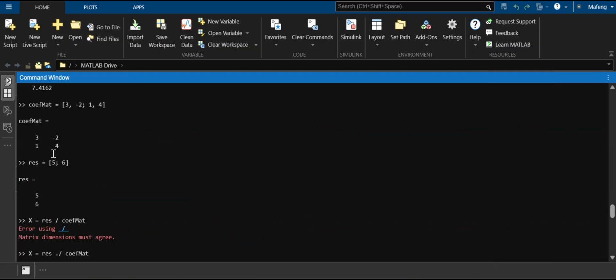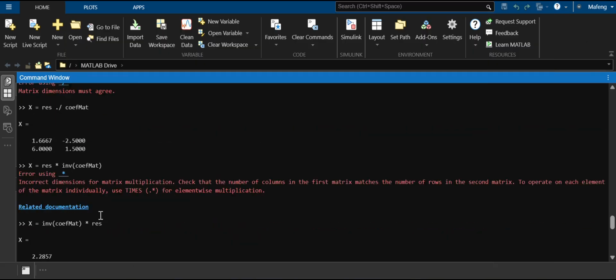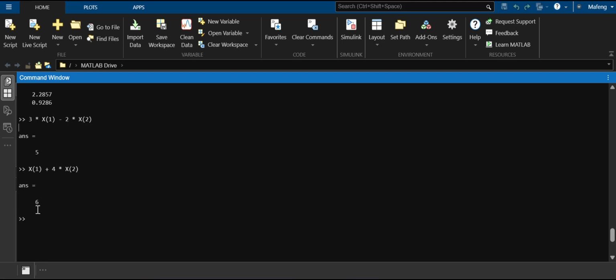I put the outputs as 5 and 6, not 5 and 11. But still we have a 6, which is the correct answer. So let's try it again with 5 and 11.